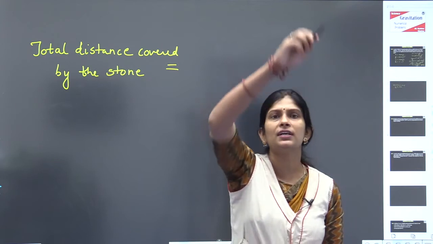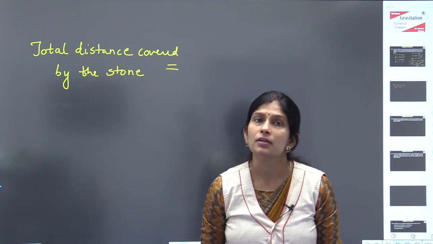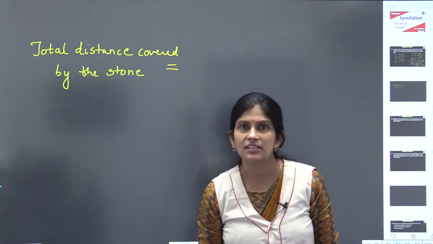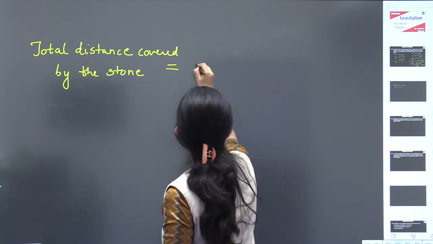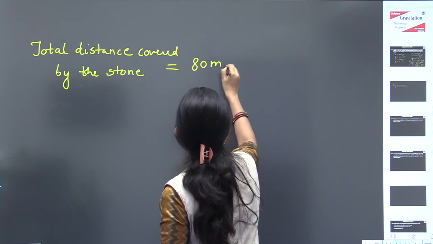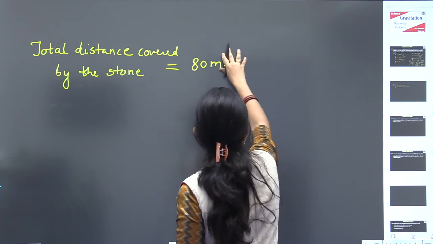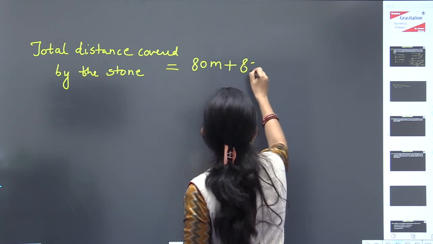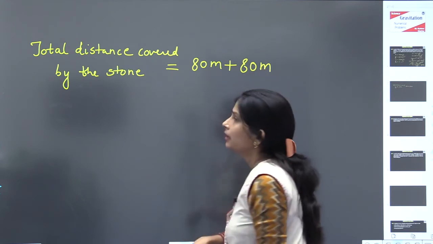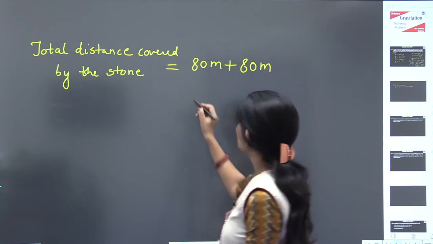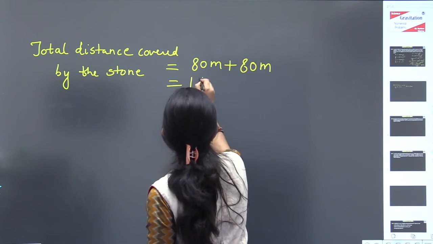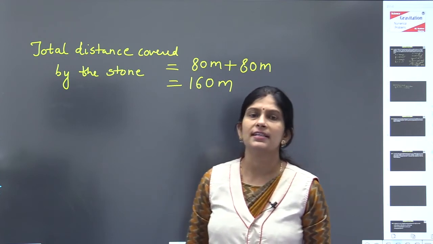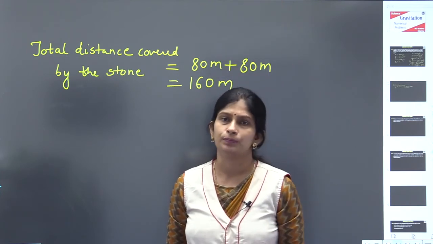So what is the total distance covered by the stone? That is 80 meter in the upward direction, then again 80 meter in the downward direction. So total distance is 160 meter.